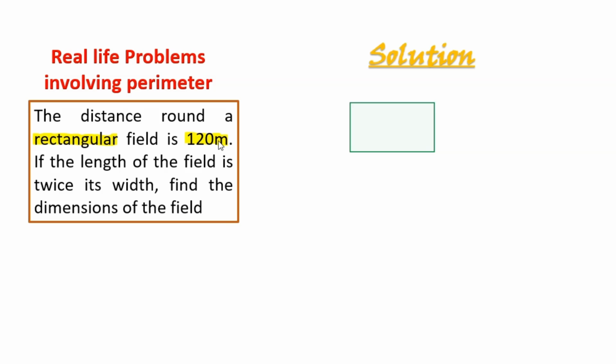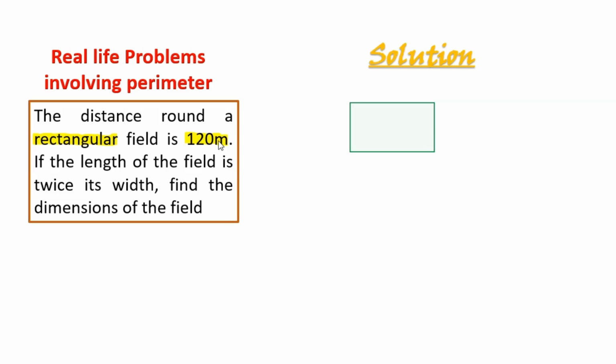But it doesn't mean it is not possible to calculate the dimensions. Why? Because we have been given enough information that will help us find the dimensions of this field. So let's get started.